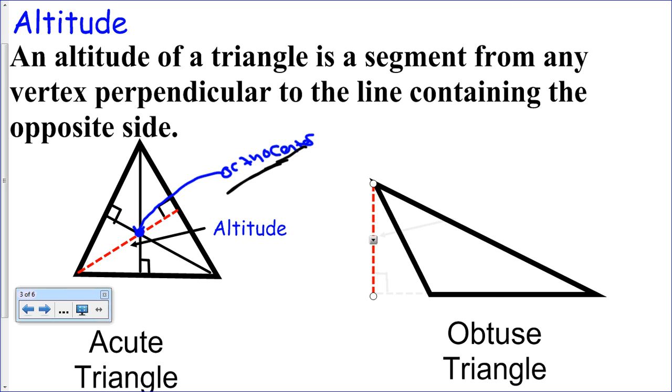There's no way you could draw this altitude and have it be inside the triangle, because if it's inside the triangle, then it's not going to be perpendicular to the opposite side. So the definition of an altitude says it has to be perpendicular to the opposite side. So if we extend this side, it will be perpendicular outside the triangle. So that's why for an obtuse triangle, your orthocenter is going to be outside, because one of the altitudes is outside of the triangle.